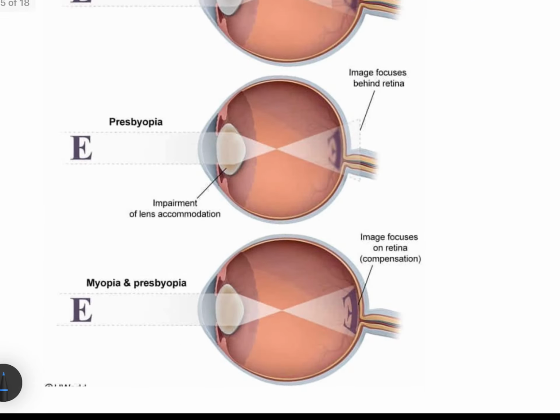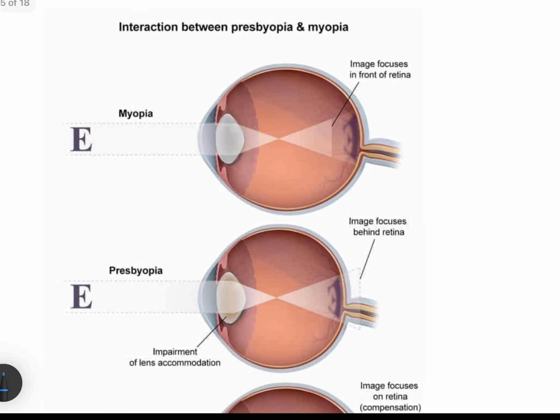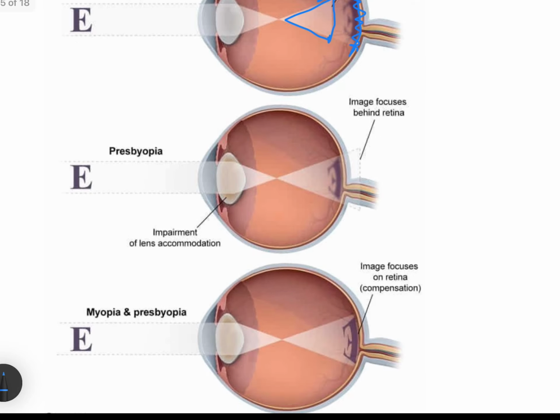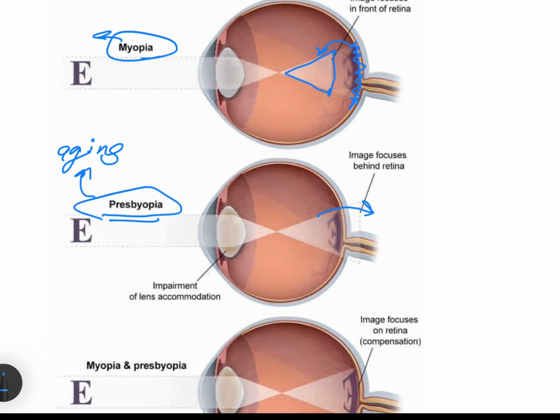I also have one diagram, I will show you here. Yes, this is the myopia. In myopia, the image focuses in front of the retina. For normal imaging, they have to focus on the retina, but in myopia, it's in front of the retina. But in presbyopia, the images are focusing behind the retina. That is due to aging, and this disease is present in that woman.